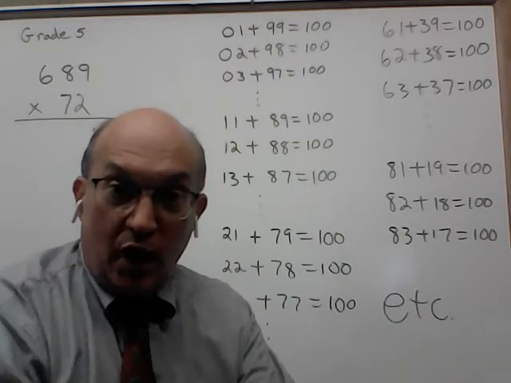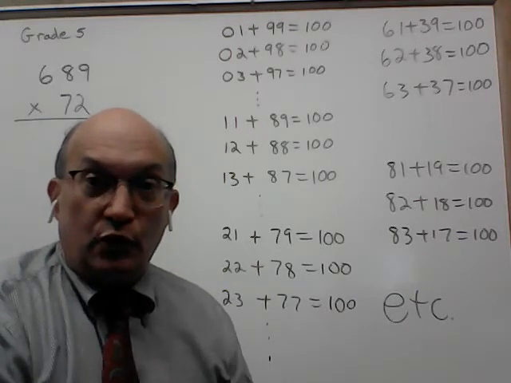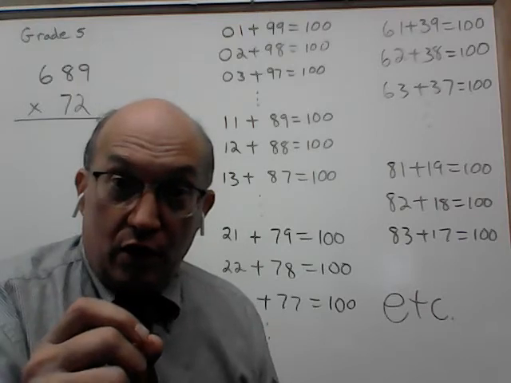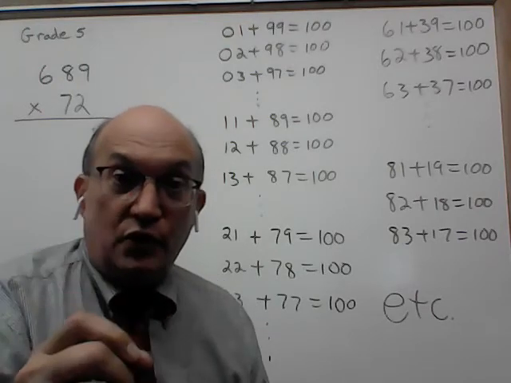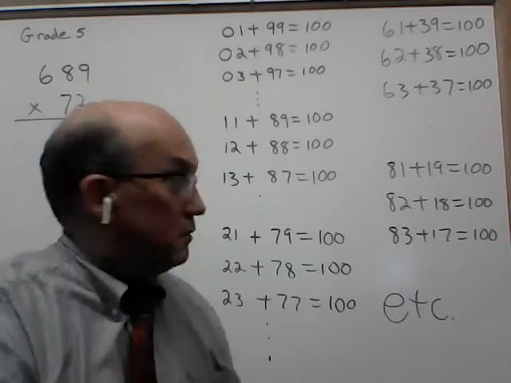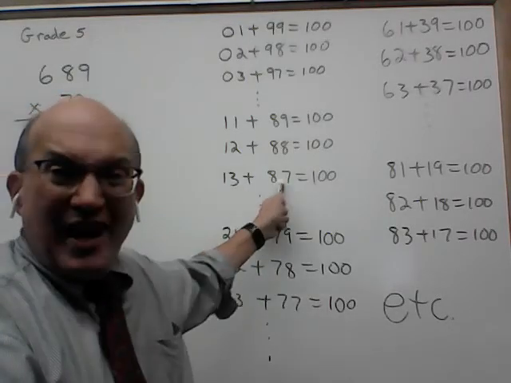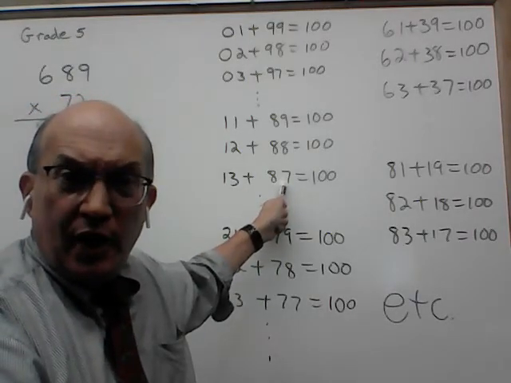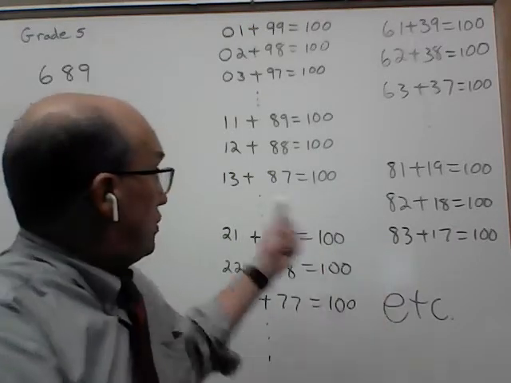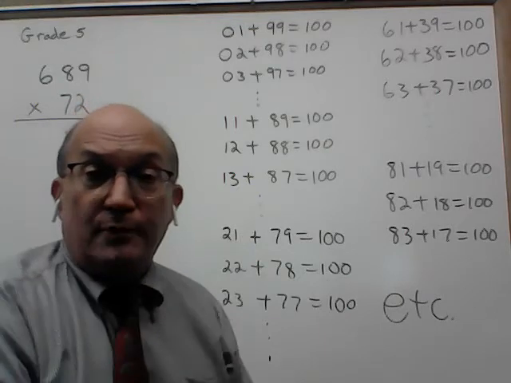Numbers that add to 100, whole numbers that add to 100. I'd like to suggest that if you're not already there, you need to very soon get to the point where if I say 13, the number 87 immediately pops into your head. Under many circumstances, that'll be valuable. 13 plus 87 is 100.